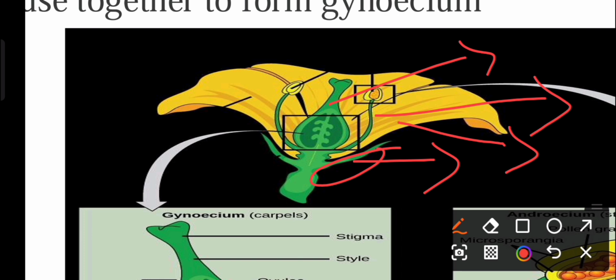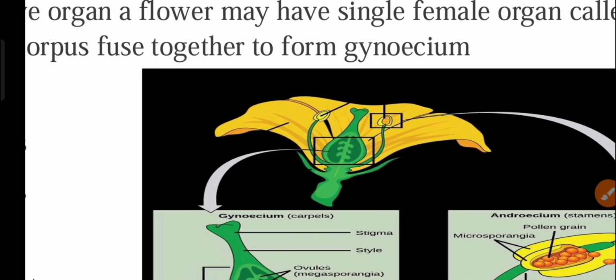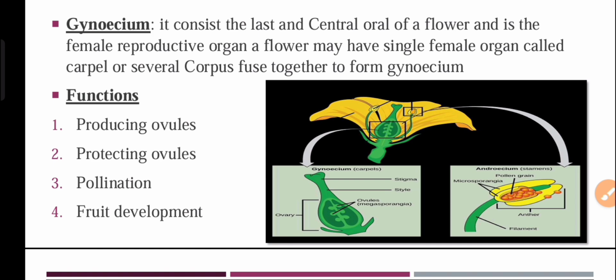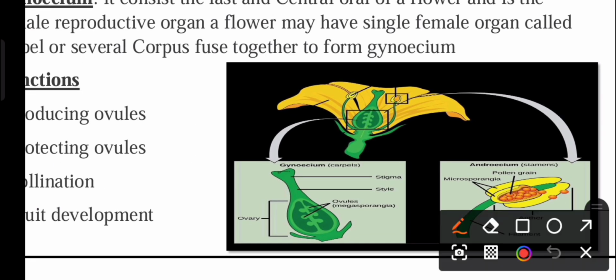This is the first whorl, this is the second, this is the third, and this is the fourth. So the gynoecium is the last whorl and also the central whorl, and it is the female reproductive organ. It has a single female organ called the carpel. This is called the carpel.